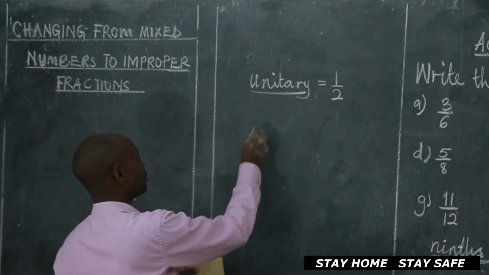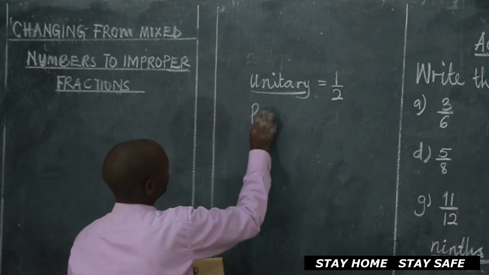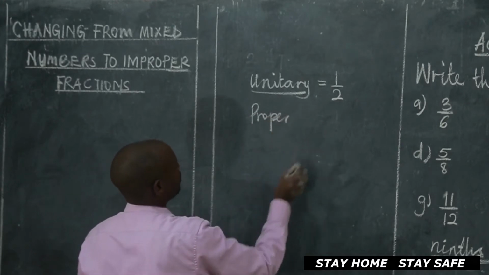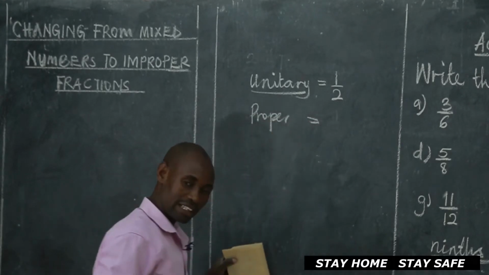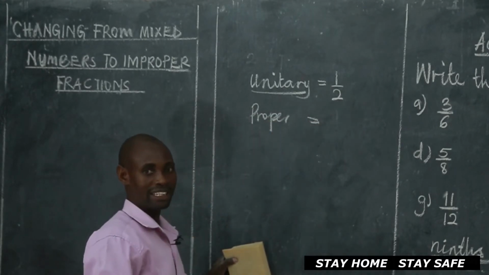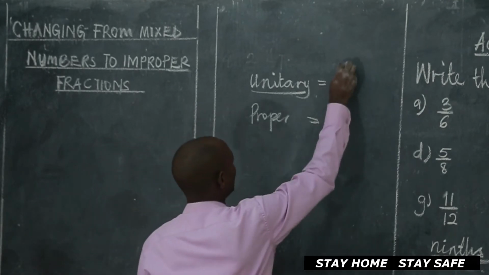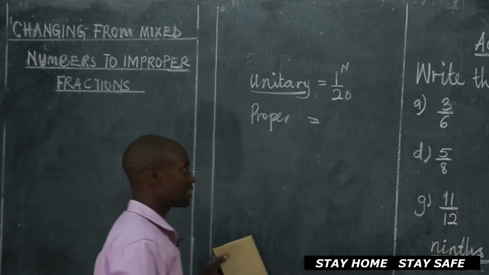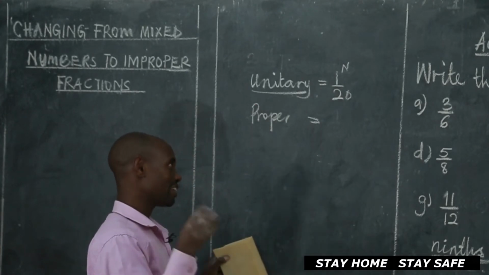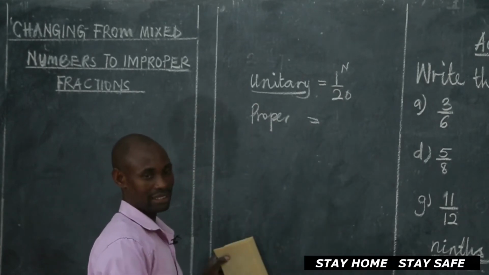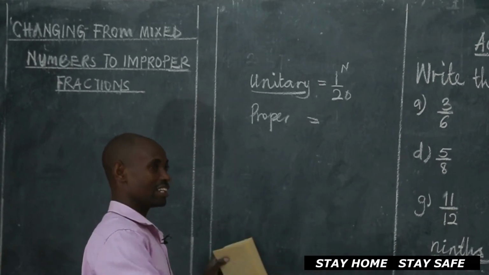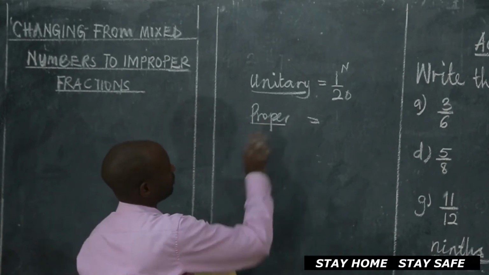We have what we call proper fractions. Proper fractions are fractions whose numerator is smaller than the denominator. This is the numerator, this is the denominator. So if a fraction has a numerator which is smaller than the denominator, then that one qualifies to be a proper fraction.